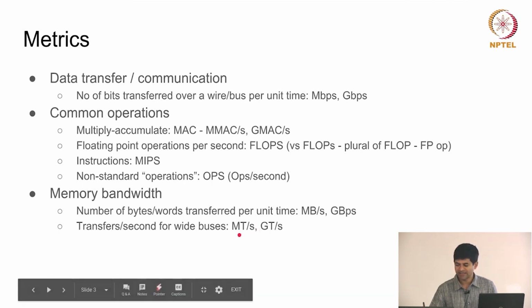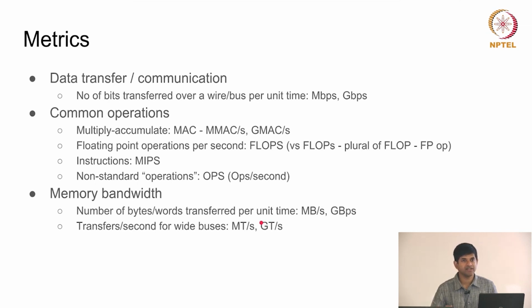Okay. The reason why this is different from megabytes per second is because then it starts depending on the width of the bus. DRAM especially, sometimes we now have very wide bandwidths, right? The minimum would be an 8-bit bus, but I could have a 32-bit bus or 64-bit bus, and nowadays high bandwidth memory has 1024-bit buses.